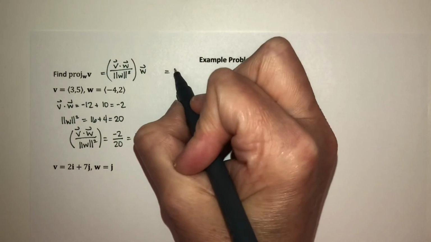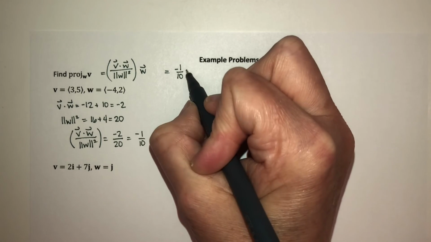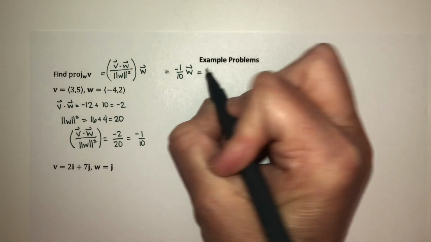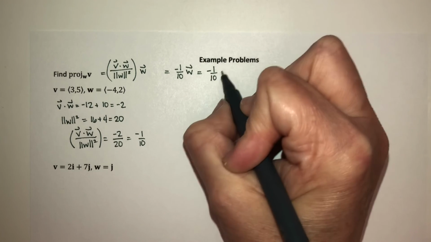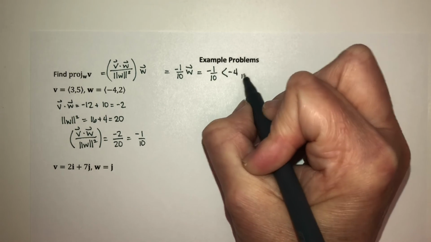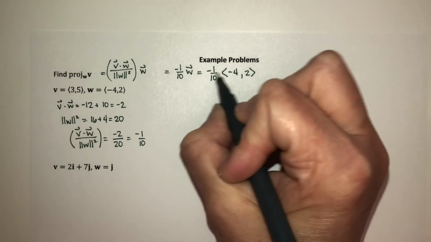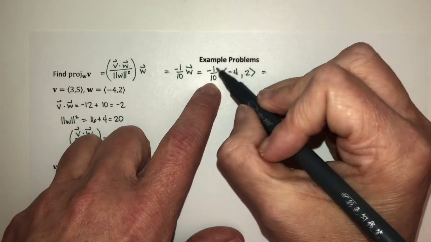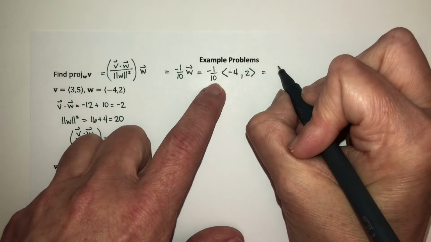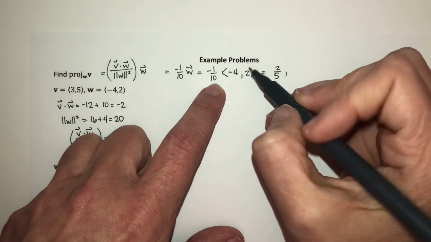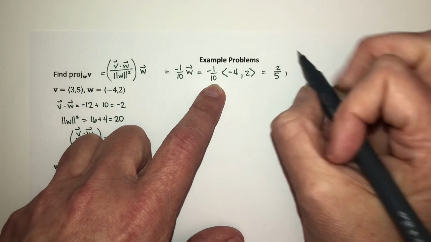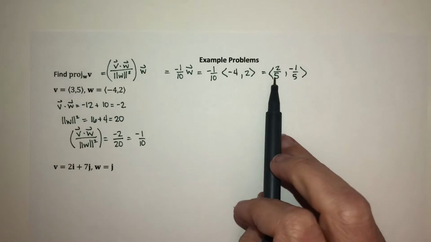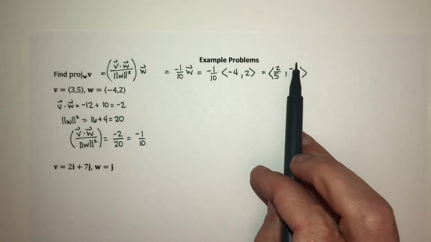So what we have here is -1/10 times the vector w, which is -1/10 times (-4, 2). We simply multiply each of these two values by this scalar. This will be positive 4 over 10, which reduces to 2/5. This will be negative 2 over 10, which is negative 1/5. So this projection, this answer, is the vector (2/5, -1/5).